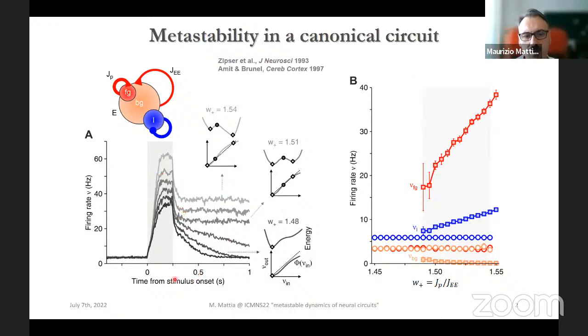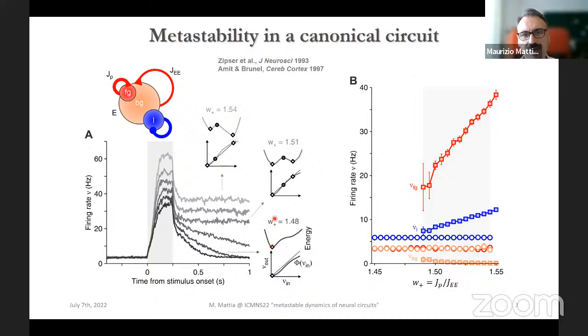And this is an example of what happens whenever you change the strength of the synaptic excitation, which brings a symmetry breaking, in which the network, when the coupling is weak, has only one attractive state at the low firing rate.